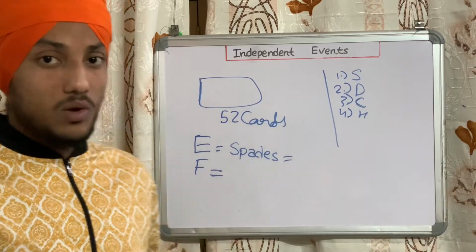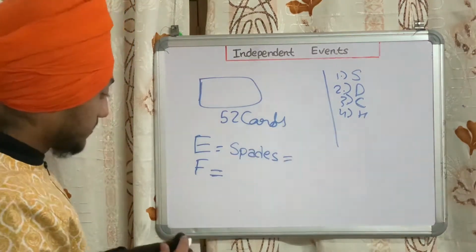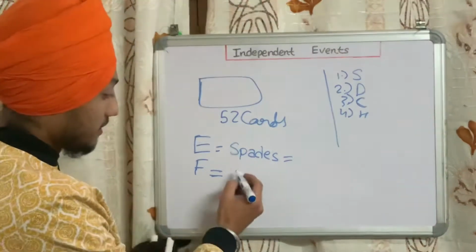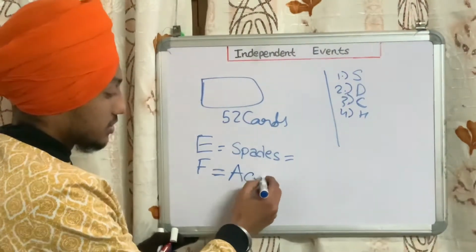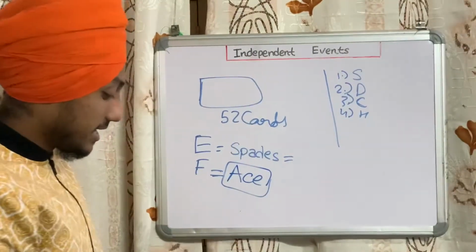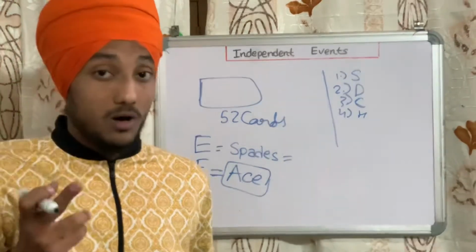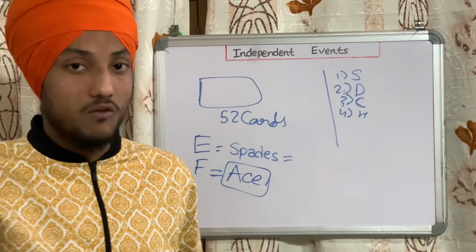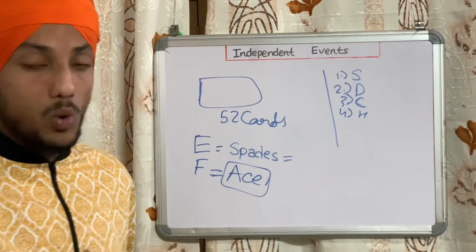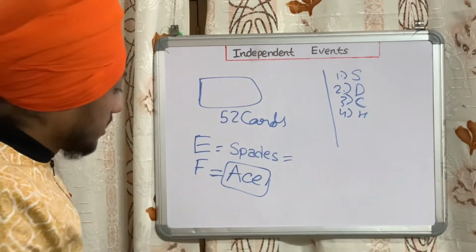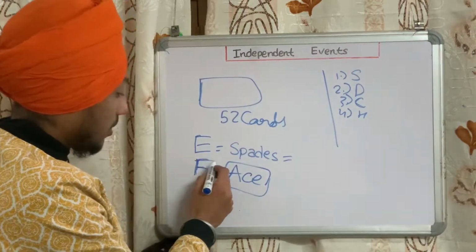So let's look at another category which has no relationship with them. We are going to take ace. We have not defined whether it is the ace of spades or the ace of hearts, because we have four different aces present in the whole deck. So we are going to look at the probability of finding F also.